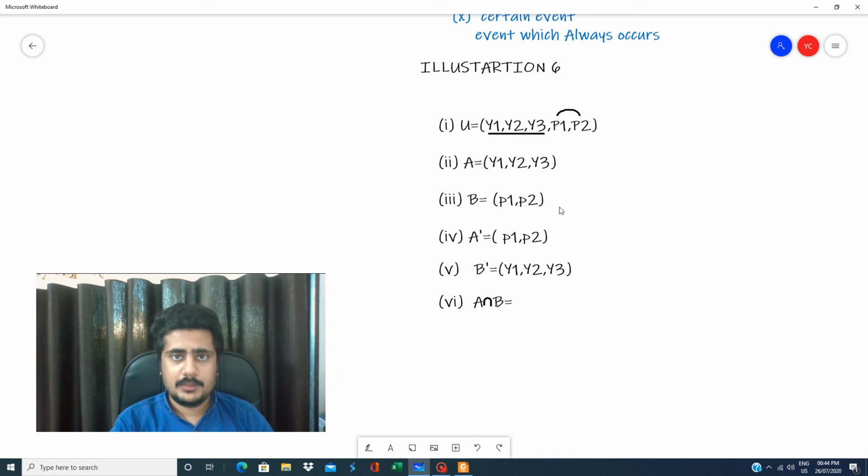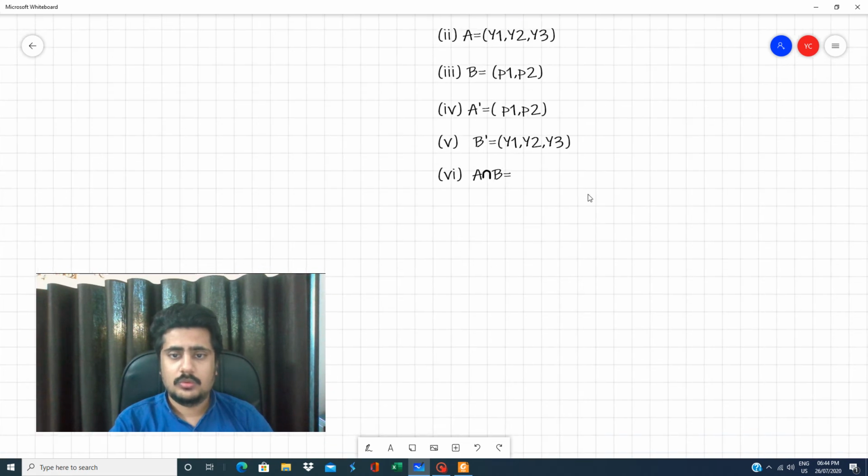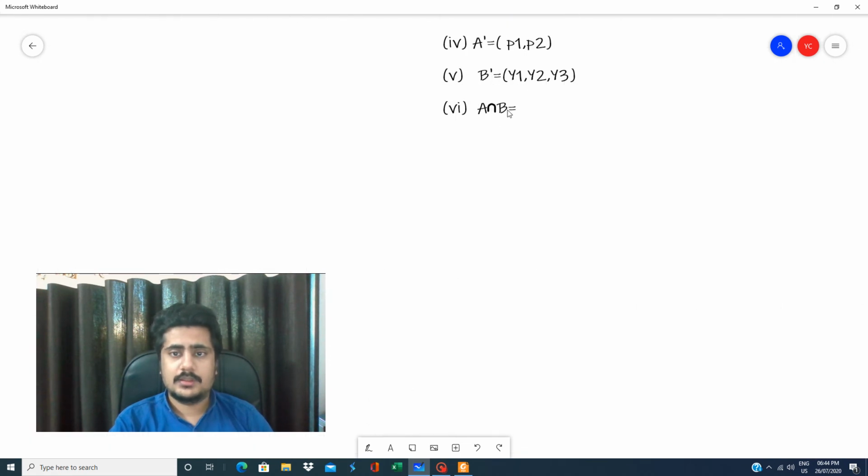B is P1, P2. Do you think there is any intersection? Do you see any common elements in A and B? No. So the intersection is a null set. There is no intersection between A and B.